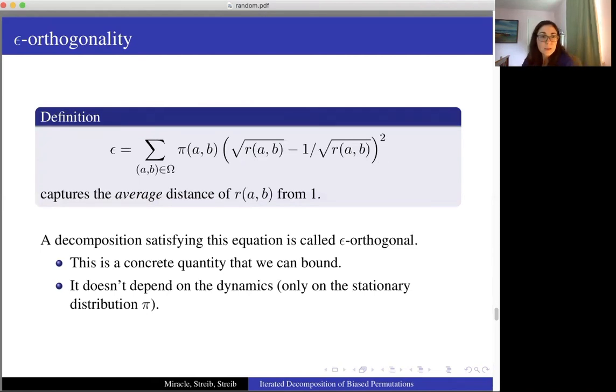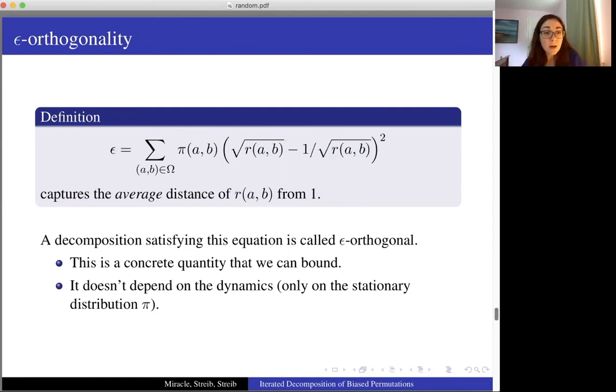So you can notice that if R of AB is 1, then this quantity is 0. And if R of AB is very large or very small, in either of those cases, this quantity is very large. So what we want is that epsilon should be close to 0. And that would mean that R of AB is close to 1 on average. We say a decomposition satisfying this equation is called epsilon orthogonal.